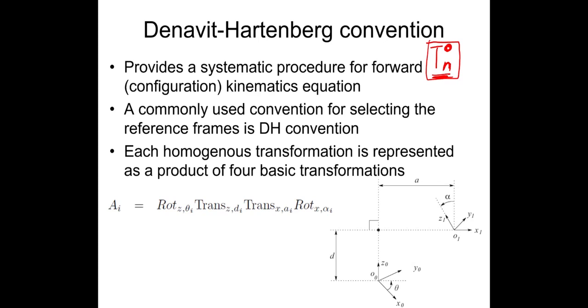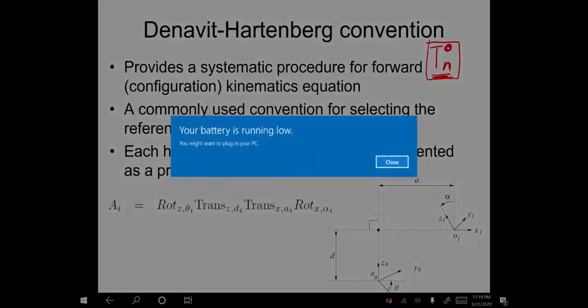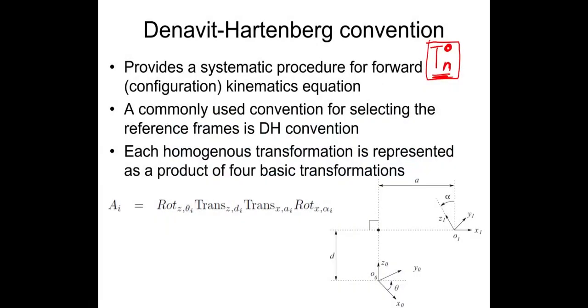If we want to understand the relationship, meaning the orientation plus the position between two arbitrary frames, we need to know 4 independent quantities.